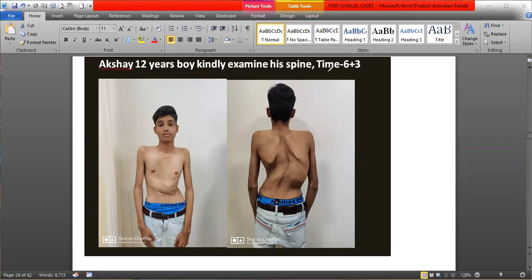For this child, first of all, I would like to do an X-ray of the spine to assess the Cobb angle. If it is more than 45 degrees, surgery is indicated. Then I would like to do a CT or MRI to assess the spinal column and spinal canal, and to rule out spinal tumors that may be causing this problem, or any spinal cord abnormalities like syringomyelia.